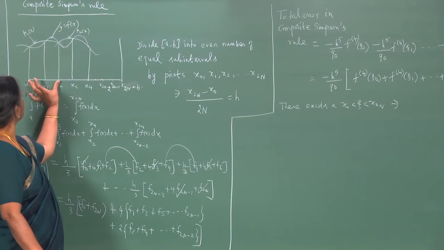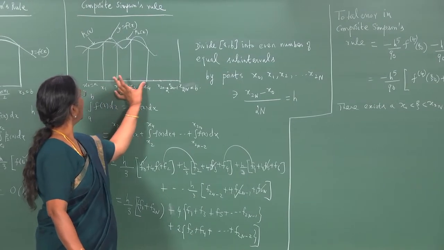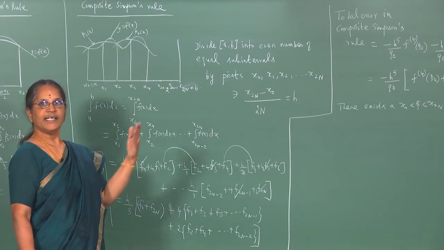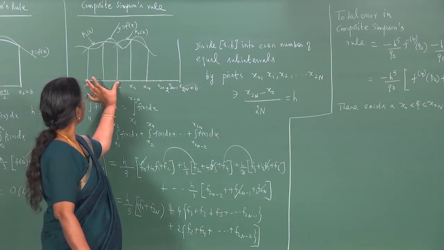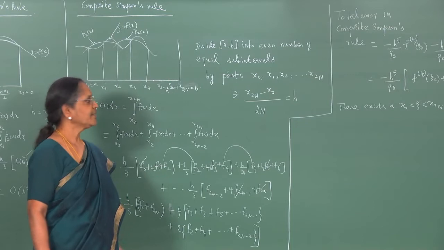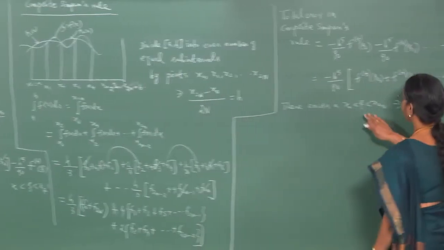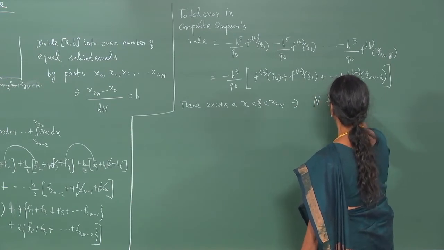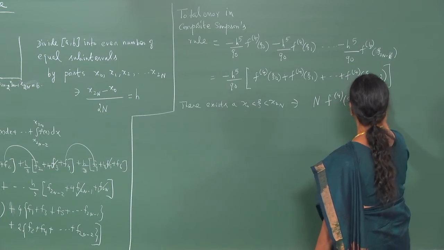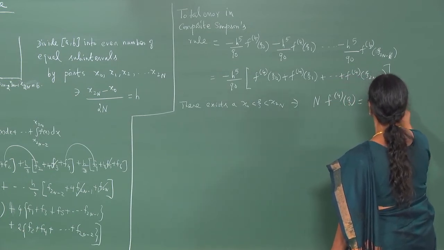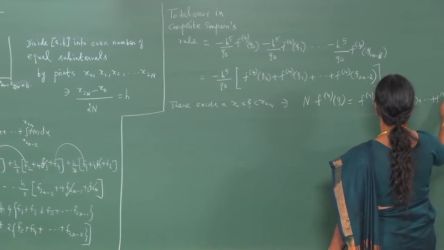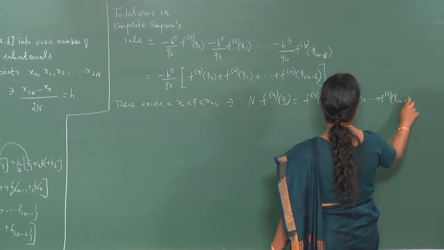You have applied Simpson's rule in each of the N subintervals, because you have divided the entire interval into 2N equal subintervals. So, there exists a psi in this interval such that capital N times the fourth derivative at psi will be equal to the fourth derivative at psi naught plus fourth derivative at psi 1 plus etc. plus the fourth derivative at psi 2n minus 2.